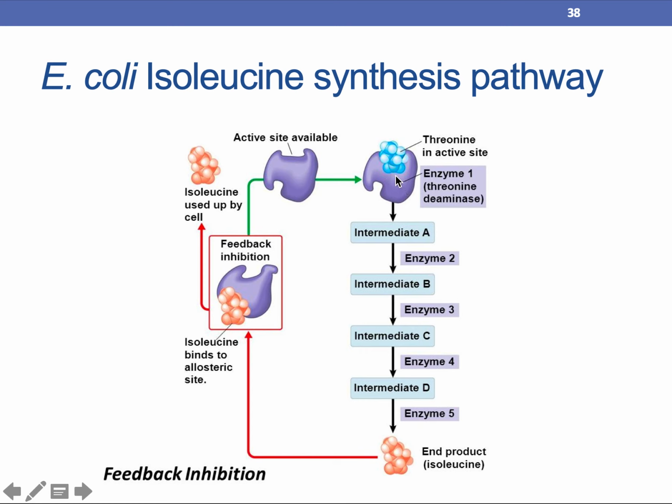You have a complex, and there are several intermediates and several enzymes involved. But then you end up with the end product, which is isoleucine. Once isoleucine is produced, it attaches to the allosteric site and changes the conformation of the active site. Once the active site's conformation is changed, the substrate is no longer able to bind, and therefore the reaction ceases.